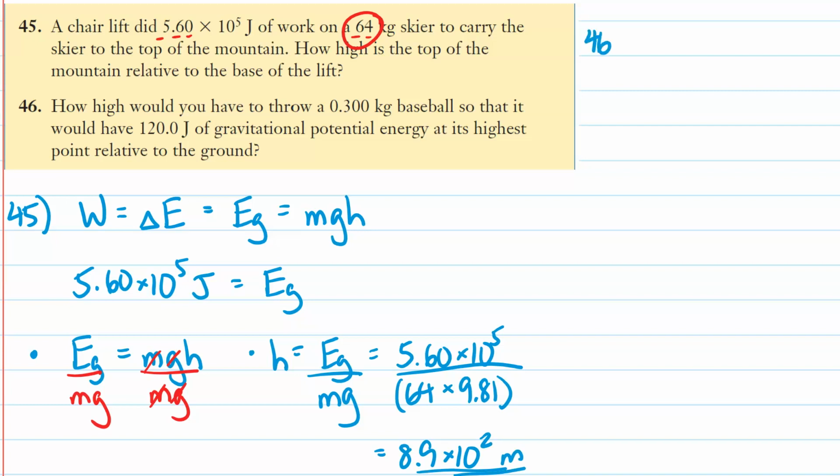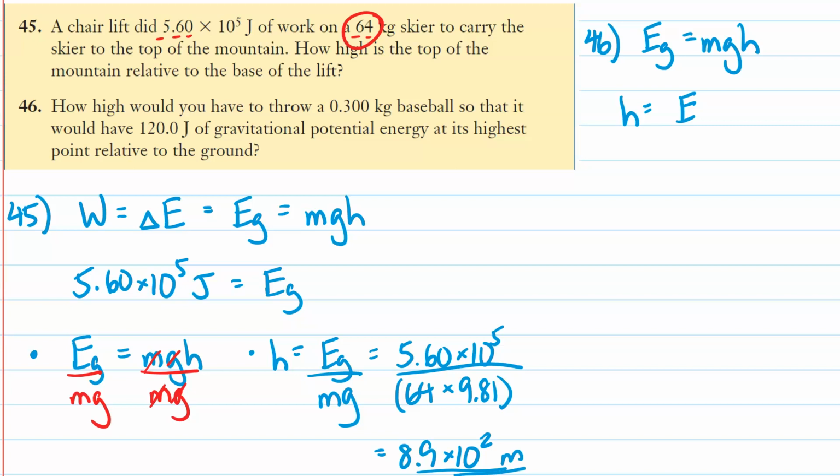Number 46. How high would you have to throw a 0.3 kilogram baseball so that it would have 120 joules of gravitational potential energy at the highest point relative to the ground? Okay, so that's just Eg equals m times g times h, and we isolate for h, which you know how to do now.